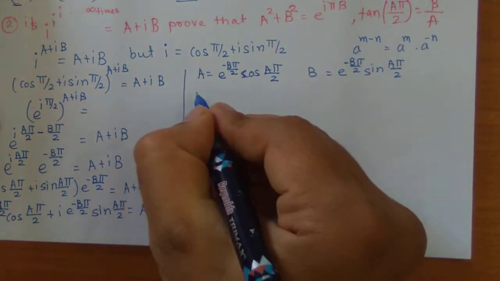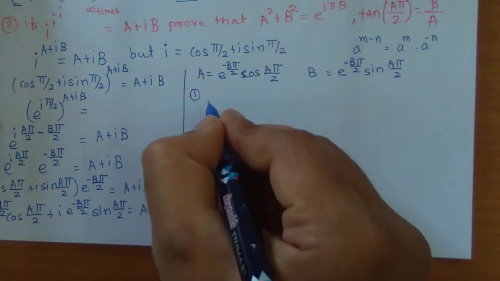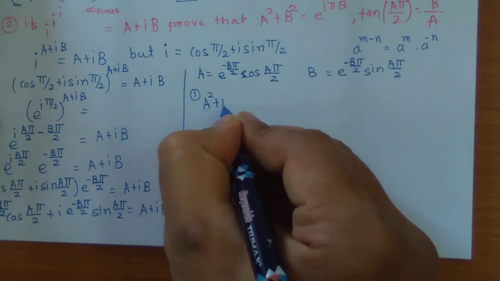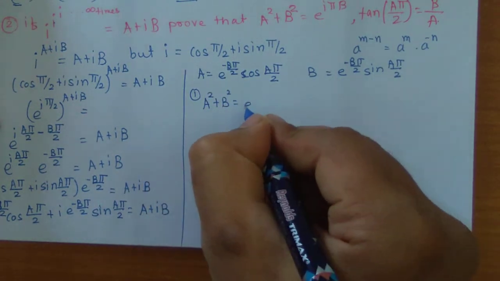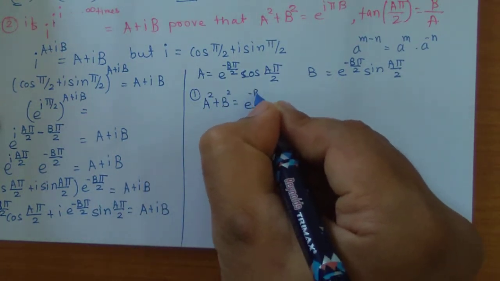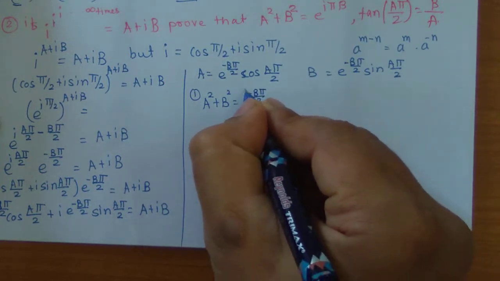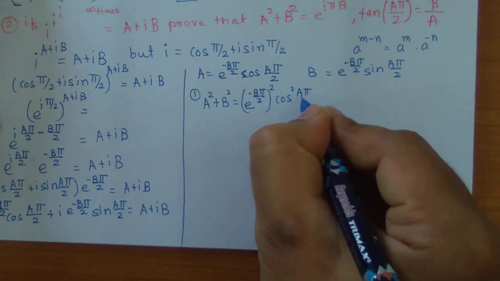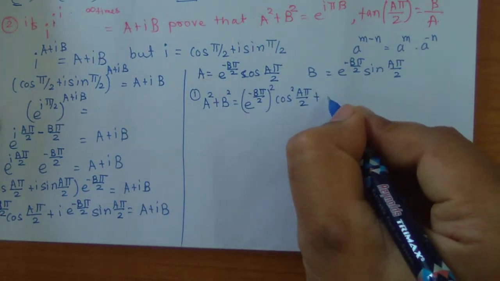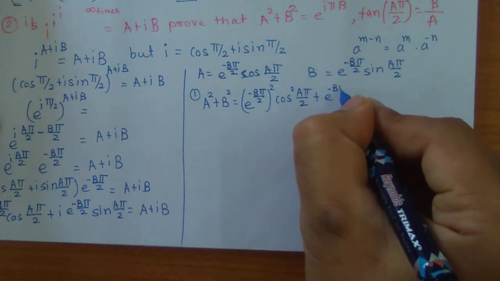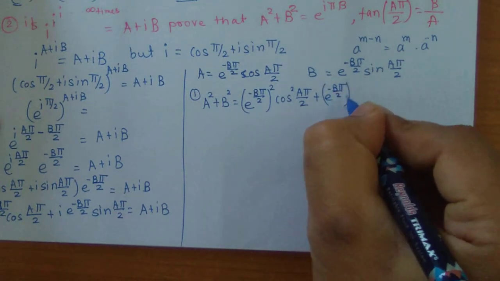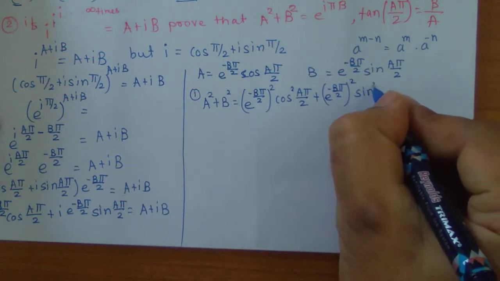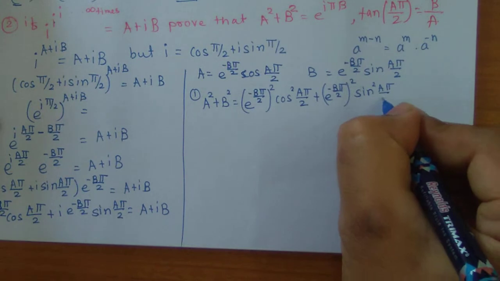Now first we have to show that a² + b² is this. So consider a² + b², which is nothing but (e^(-bπ/2))² cos²(aπ/2) plus b², that is (e^(-bπ/2))² sin²(aπ/2).